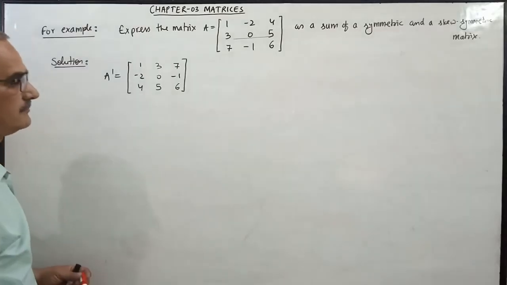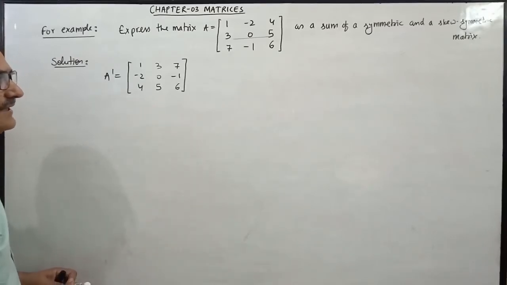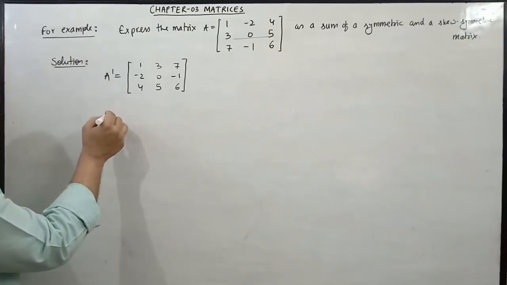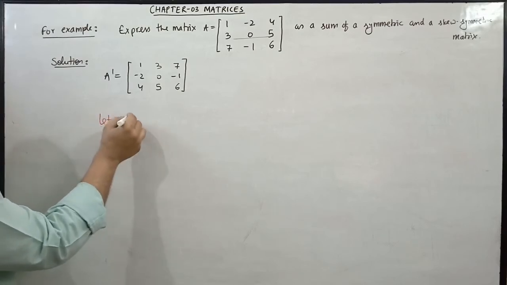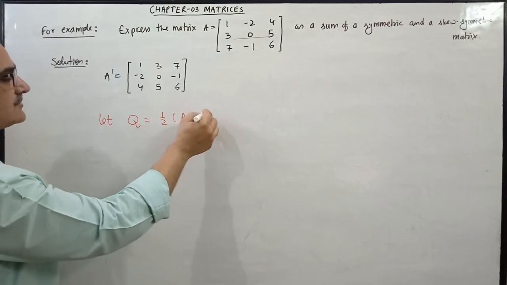Now we will take, let us say, the matrix Q. You have seen that (A minus A dash) by 2 is a skew symmetric matrix. So let Q is equal to half of (A minus A dash).